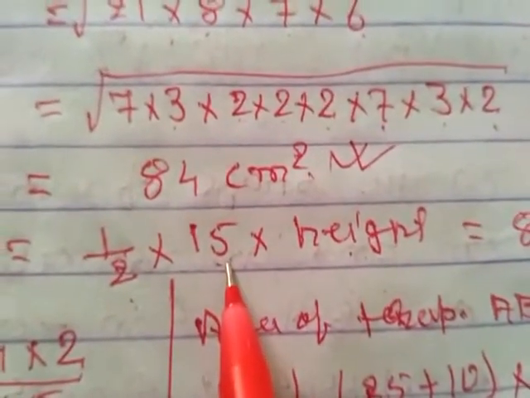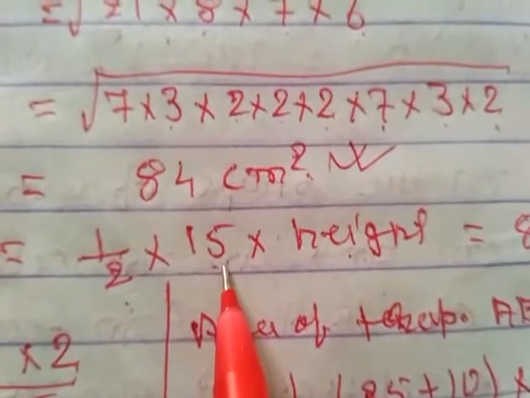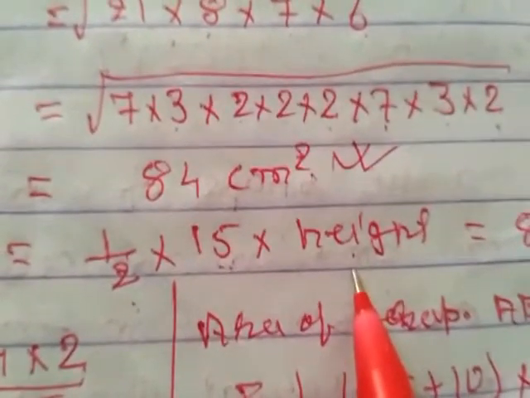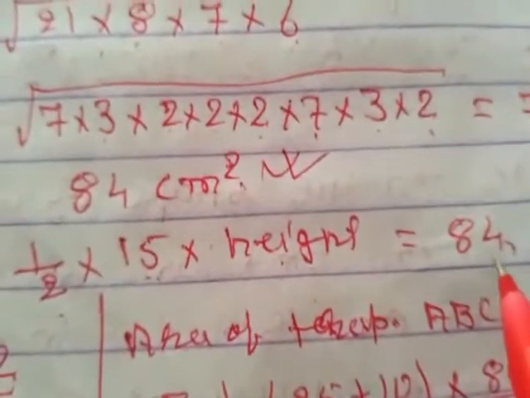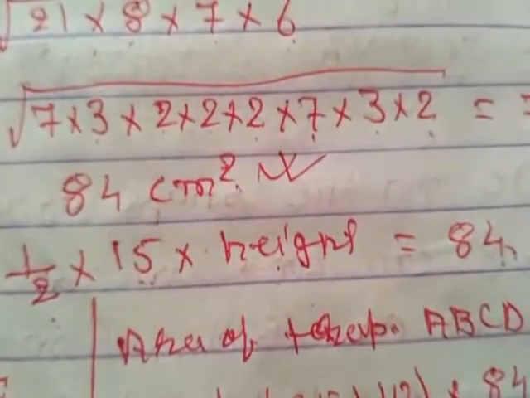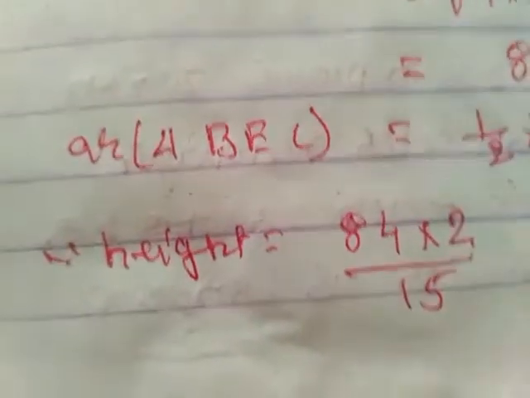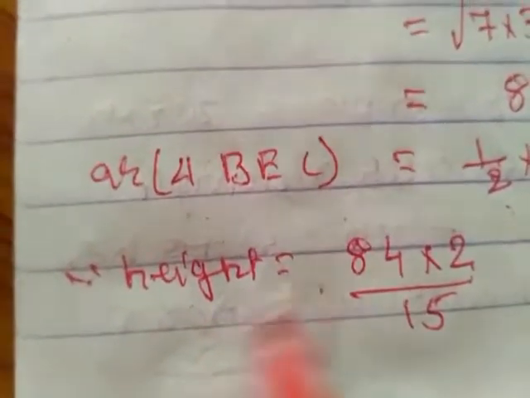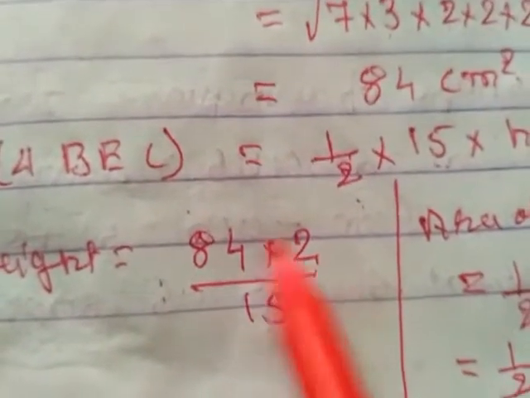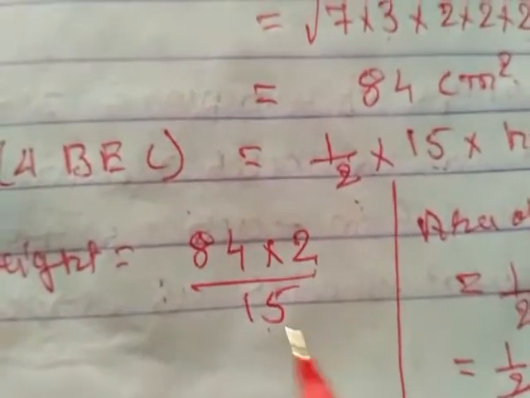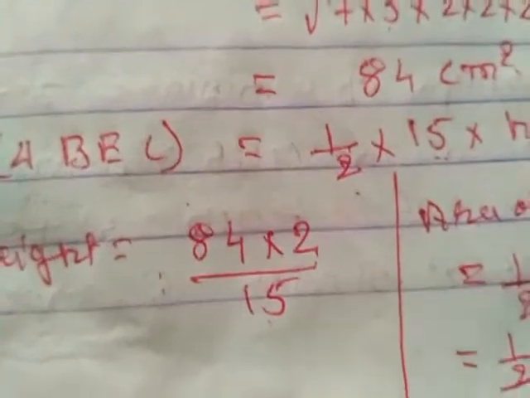So half into base of the triangle, which is 15 centimeter, into height, which is not known, equals 84. Further on solving, height equals 84 into 2 by 15. This is the height of the triangle as well as the height of the trapezium.